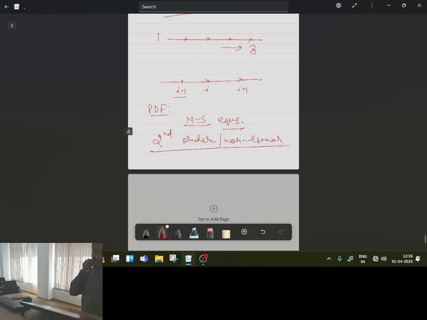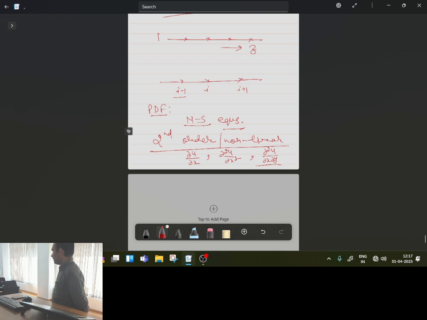So the meaning of second order is that if some derivative term is existing, del u by del x, this is the first order derivative term, there can be some term del square u by del x square, which will be a second order derivative term. Okay, and even some of the terms you will be finding del square u by del x del y, which involve the mixed derivative of second order.